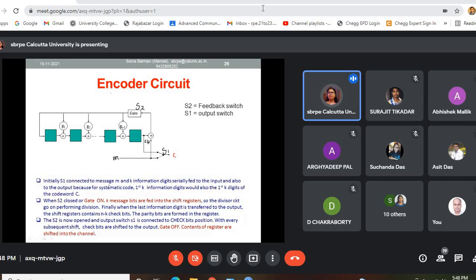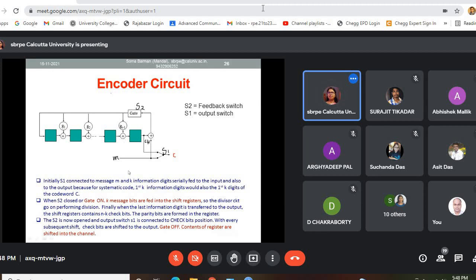Initially S1 is connected to the message M, and M is also connected through switch S2, so it goes as feedback to the shift register one by one, multiplied by the generator polynomial and added here.